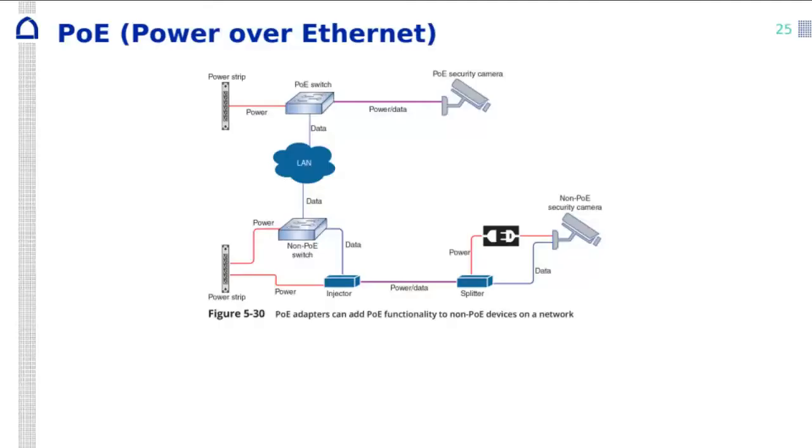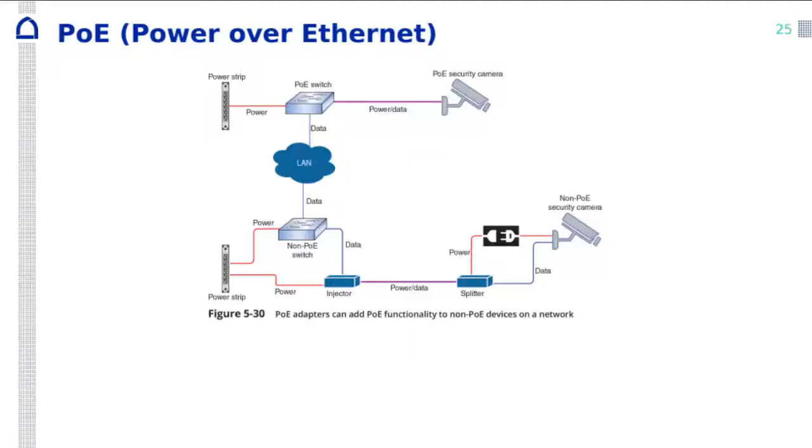This is a diagram here. You have a PoE security camera, and this is a PoE switch. If I have here a non-PoE switch, I need to add an adapter. So this is what they are trying to tell you.